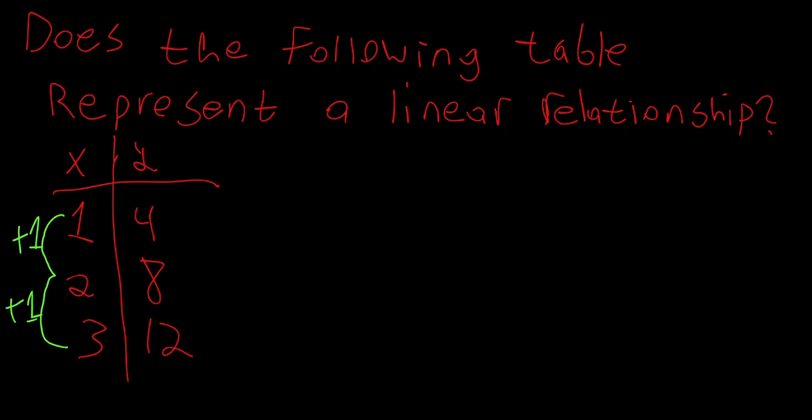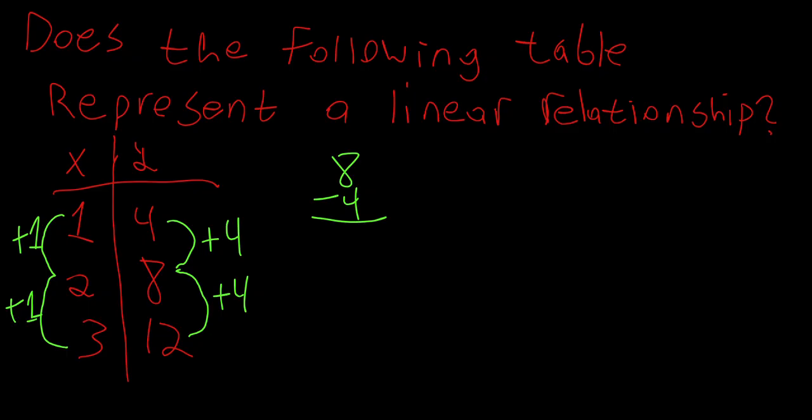Okay, let's analyze under the y column. What is the difference between 4 and 8? If you're unsure how to find that, 8 minus 4 is our difference, which is plus 4. It sounds exactly like what we say. The difference. So what's the difference between 12 and 8? The difference is 4.